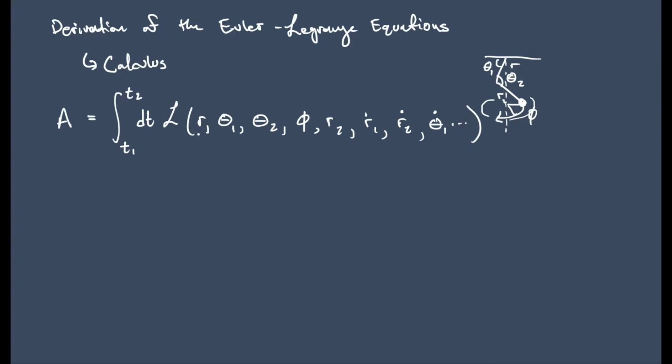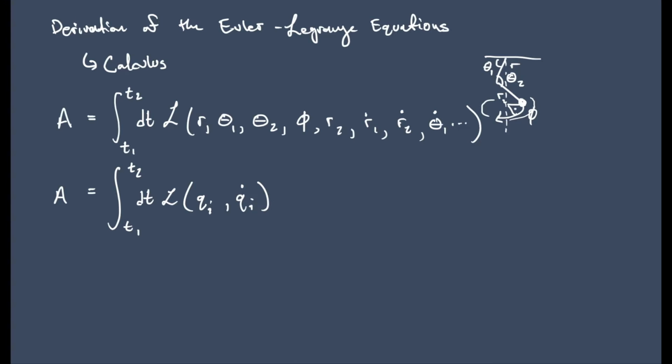So the Lagrangian of this entire system has all of these independent variables in it, and we boil this down to something that looks like this: the integral from T1 to T2 of dt times the Lagrangian of qi and qi dot. And this is our action.